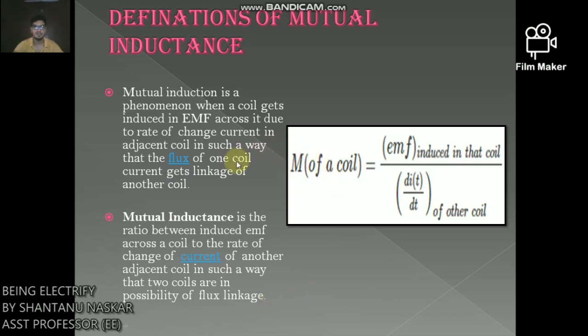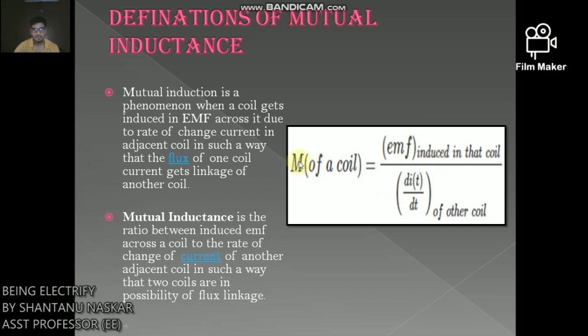Now the definition of mutual inductance: it is the ratio between the induced EMF across a coil to the rate of change of current of another adjacent coil. Go through this figure.